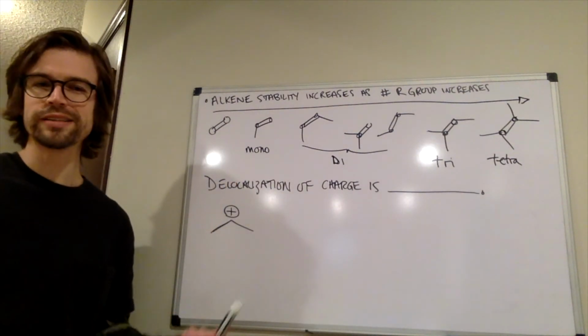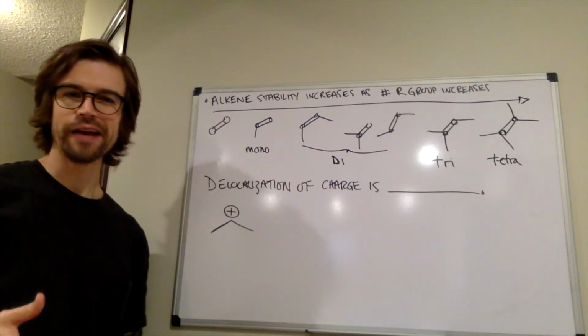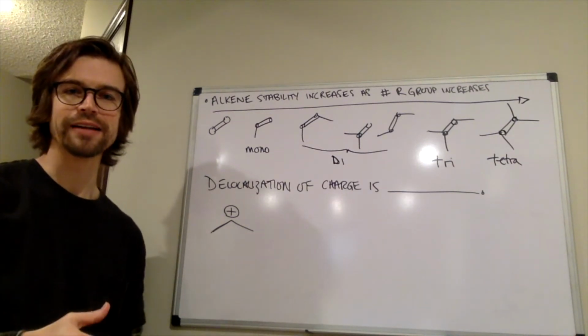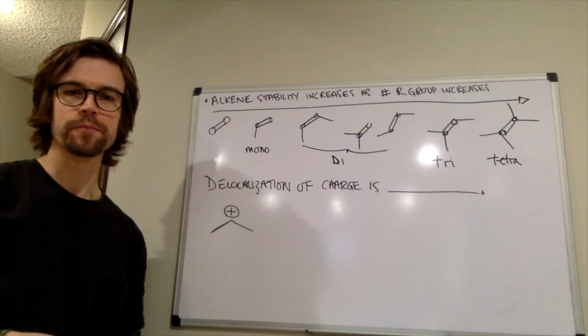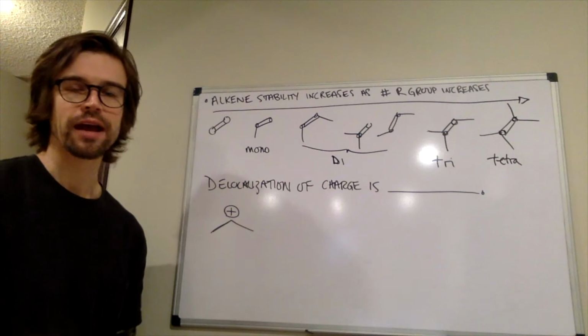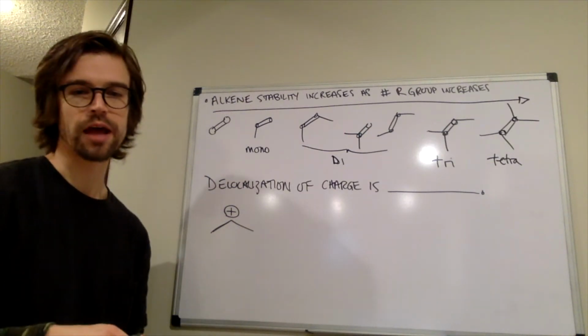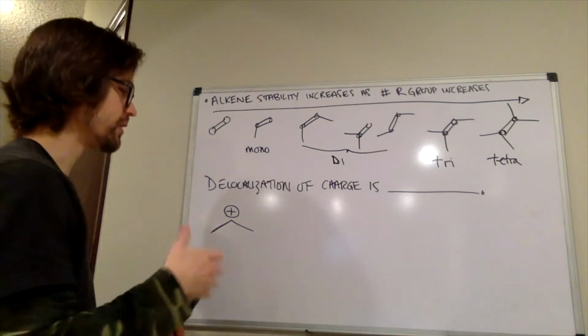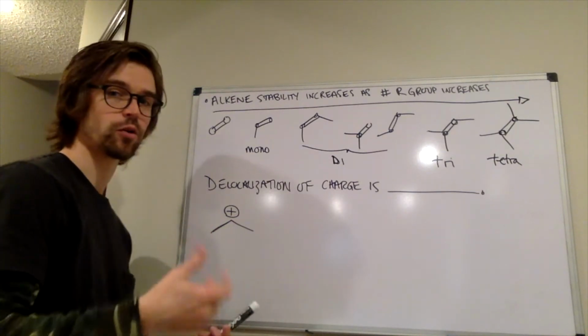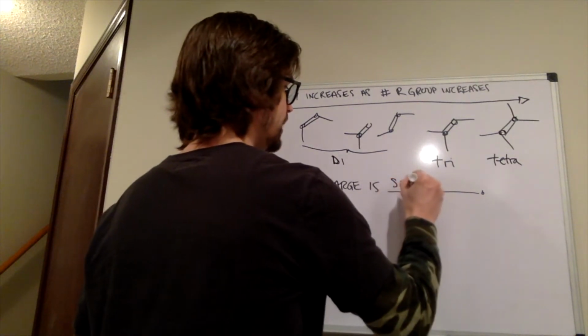So what is the phenomenon behind that? And it can kind of go along the same lines as what we learned about carbocations. So we talked about carbocation stability. The more substituted the carbocation, the more stable the carbocation. And we rationalize that because delocalization of charge is stabilizing.